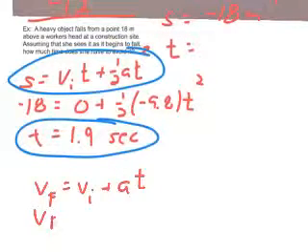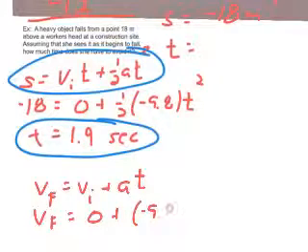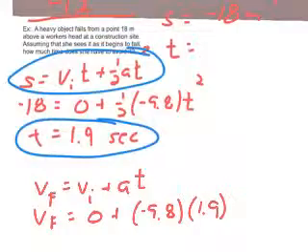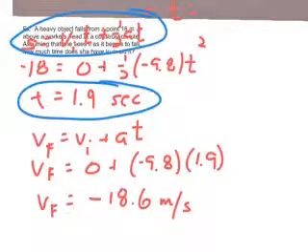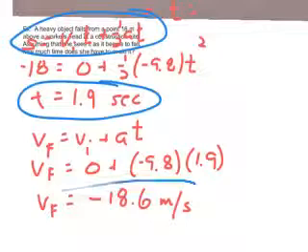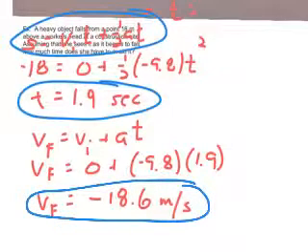So v sub f is going to equal your v sub i, which is 0, plus negative 9.8 times your time, 1.9. So the final velocity is negative 18.6 meters per second, or negative 19 meters per second. The negative indicates that the object is traveling in a negative direction. Let me show you one more example problem.